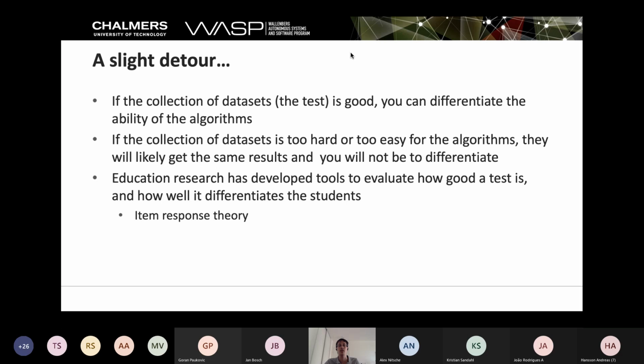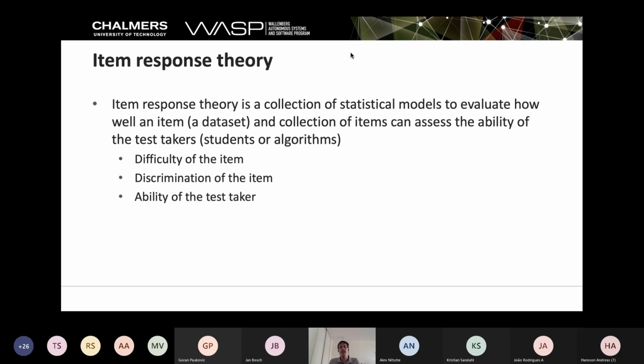item response theory. Item response theory is a collection of statistical models that you can use to evaluate how well a question, an item of your test, that is a data set, and how a collection of items or questions can assess the ability of the test taker.